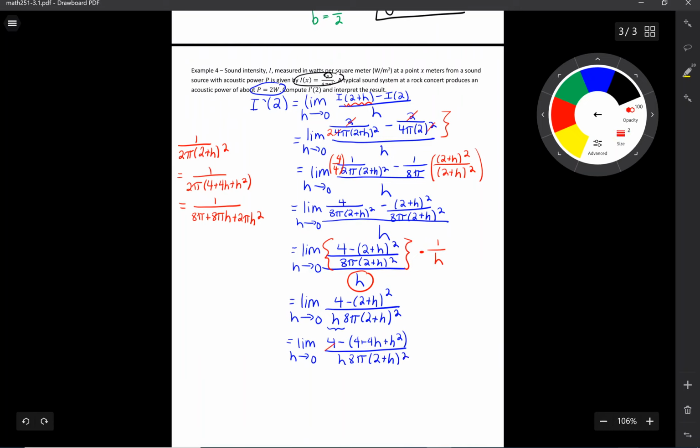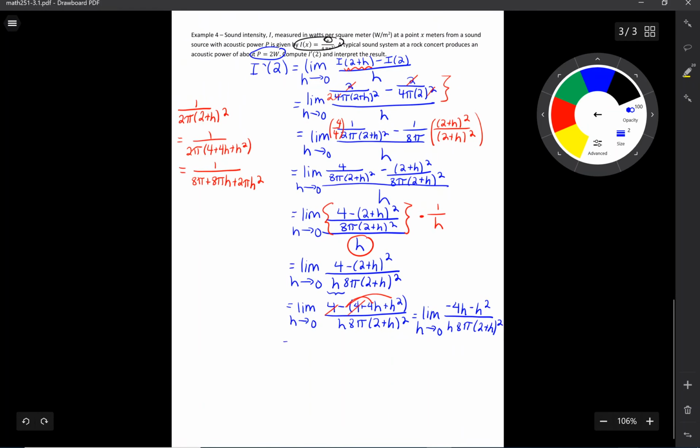And this 4 cancels with this 4. If I distribute this negative to both of these, I get the limit as h goes to 0 of negative 4h minus h squared over h times 8 pi times (2 plus h) squared. And everything is good and right in the world again because I can factor out an h from the top.